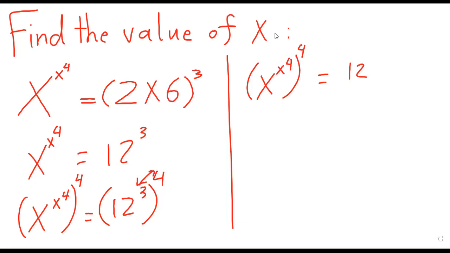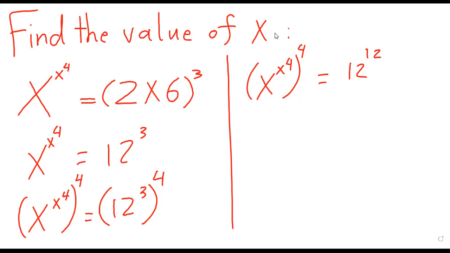I'll multiply these powers, or exponents, together. 3 times 4 equals what? Equals 12. Now look, you remember I said that I want to make the bases like their exponents, the same value. Here 12 and here 12 too. Now I'll stop for the right side, but I'll continue with the left side. Now we are concentrating on the left side.